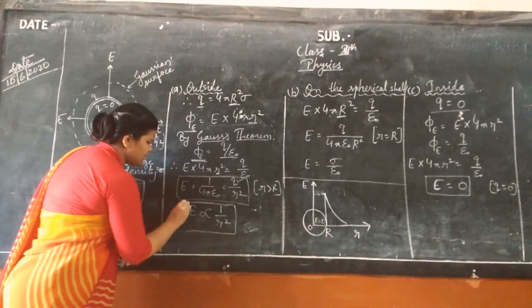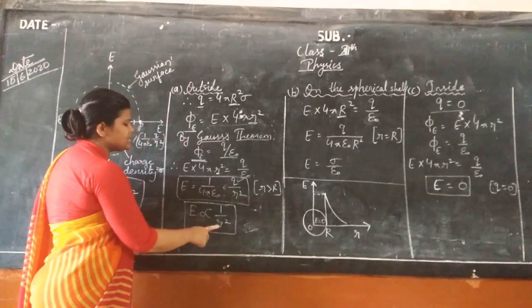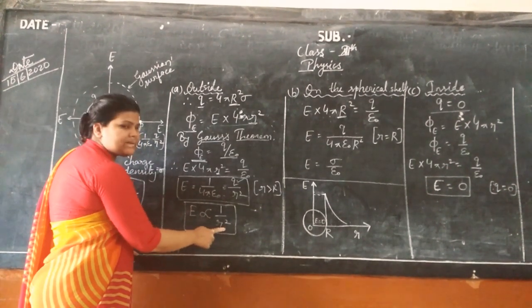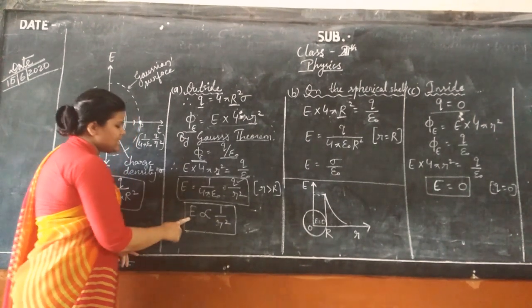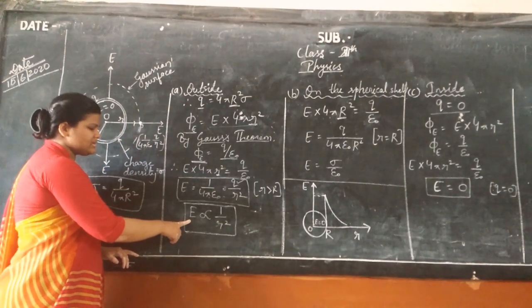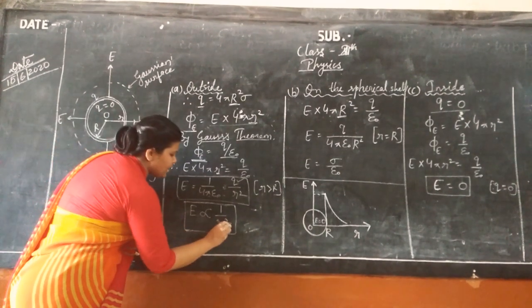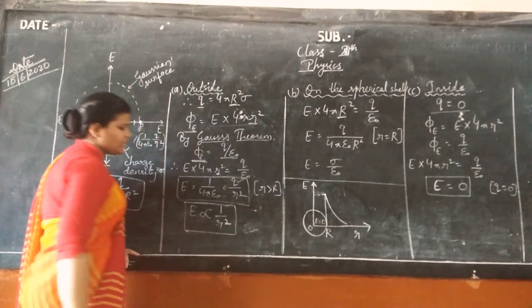So from this equation you can see E is inversely proportional to r square. So as the distance will increase, electric field will decrease. And how much it will decrease? The square of distance.